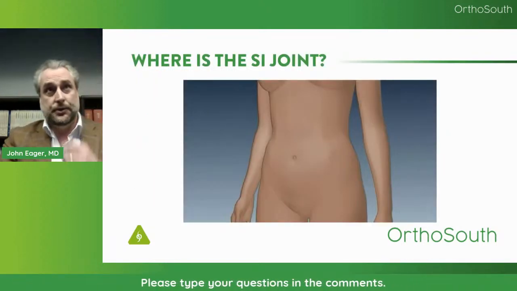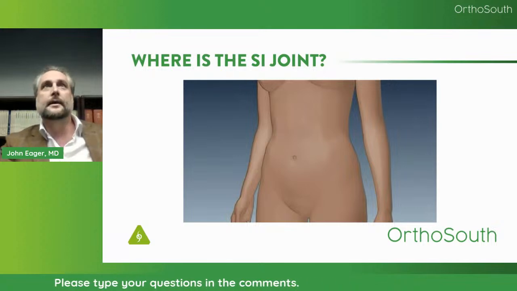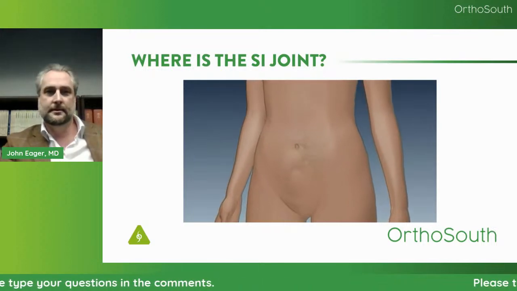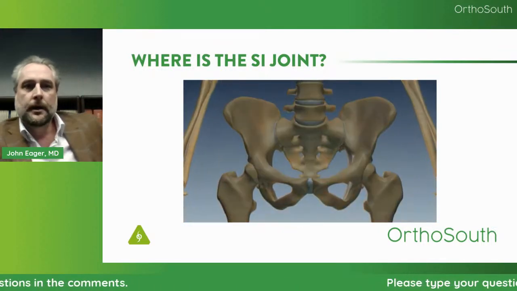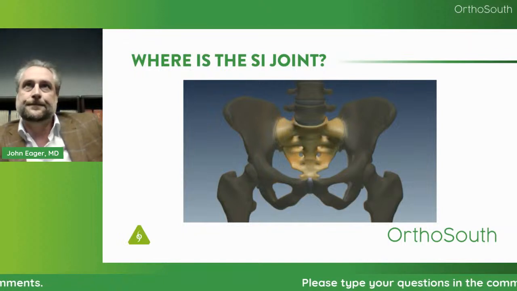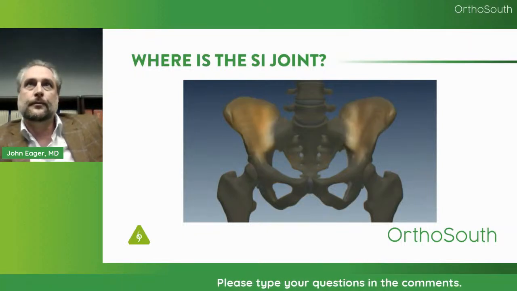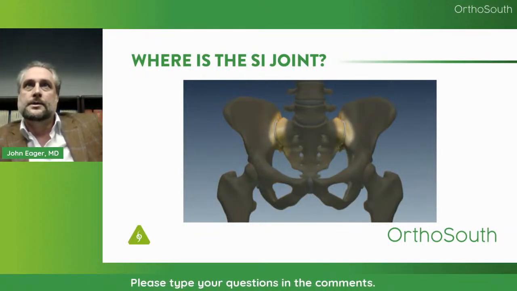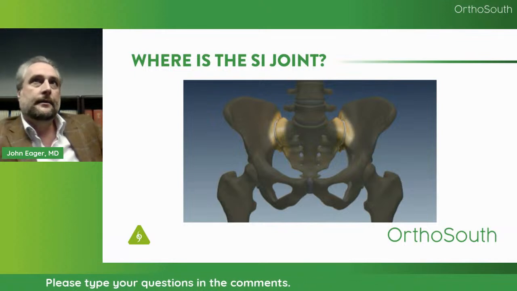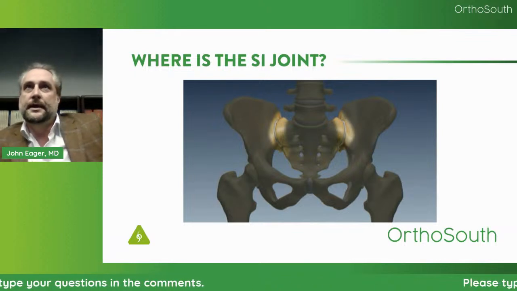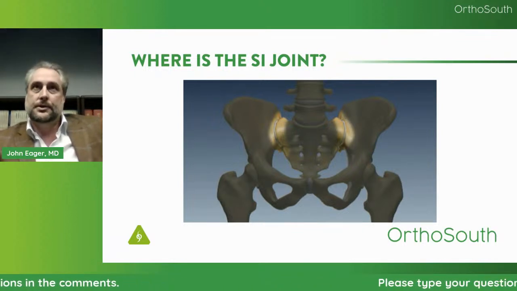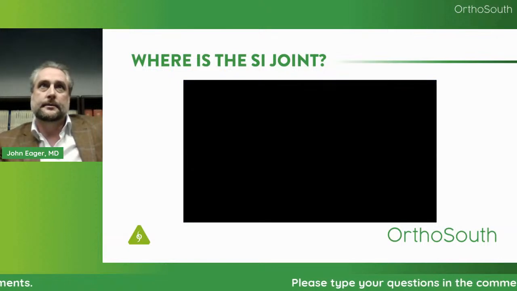Where is the SI joint? So this is not a very good illustration. Here we go. So again, detailing the junction of the sacrum and the ilium. The sacroiliac joint is on both sides.